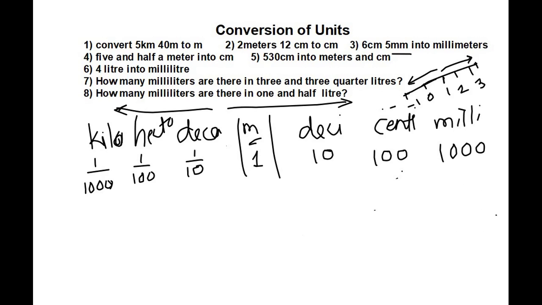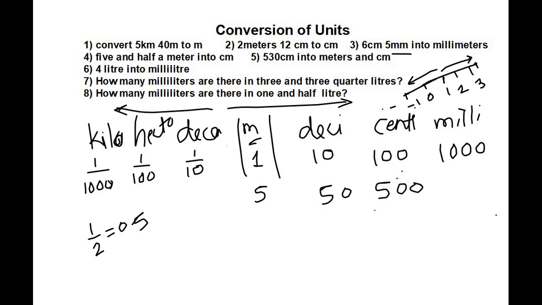Let's look at one more example. 5.5 meter into centimeter. So let's look for 5 first. 5 meter. We have to convert it into centimeter, which is 50 and 500. And another is half a meter.